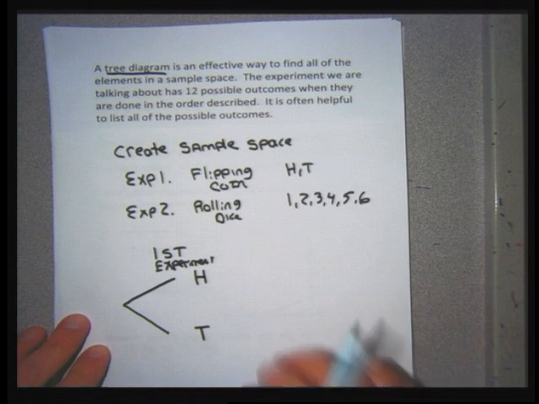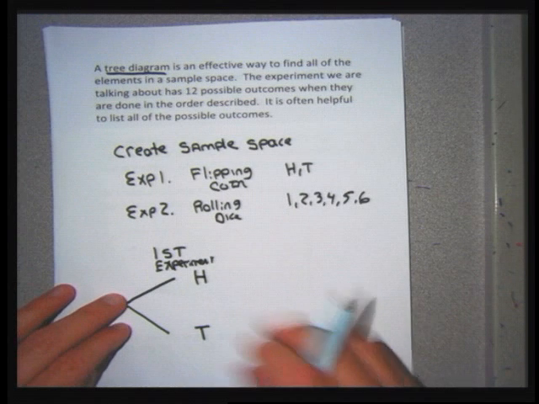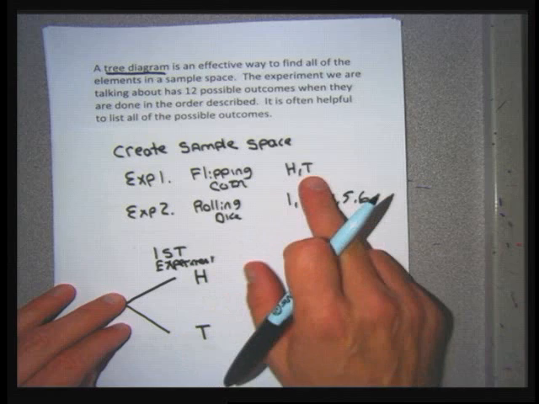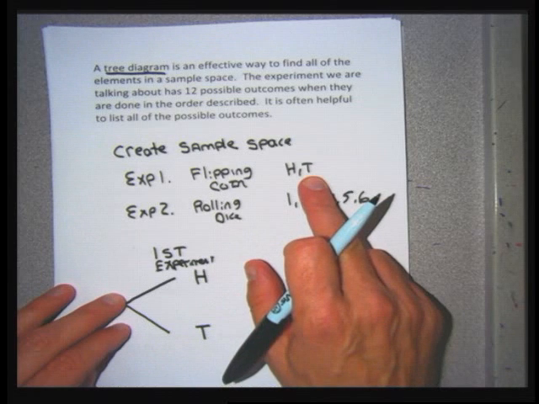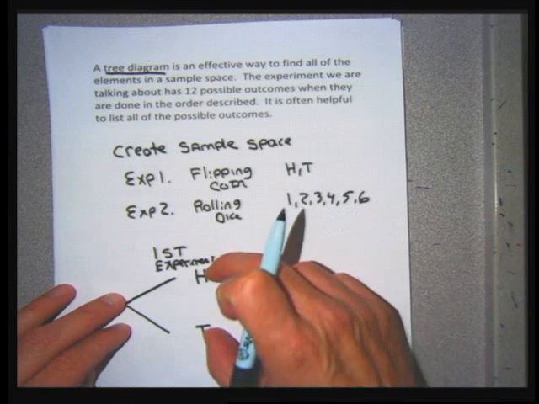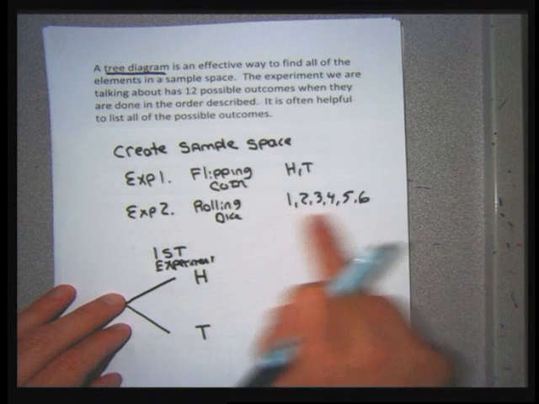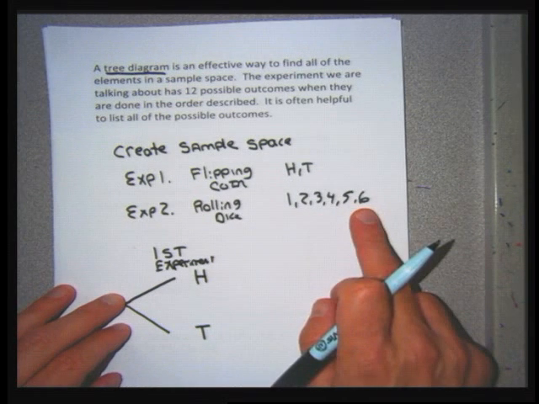The reason I have 2 branches, or kind of a less than sign, for my first experiment is because my first experiment only has 2 possible outcomes. From the head and from the tail, I need to make room for each of the 6 outcomes that could happen on my second experiment.